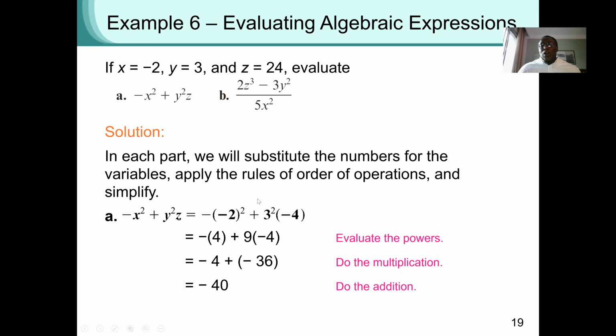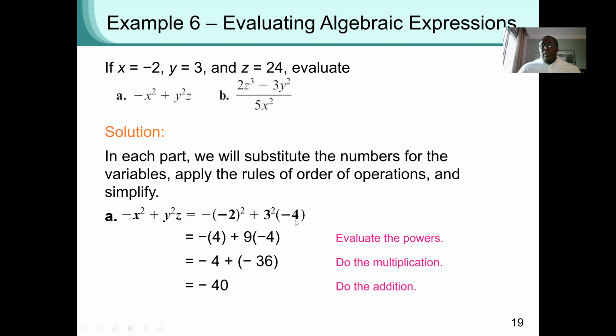Y is 3, so I write down the 3, but it's y squared, so I write 3 squared. Then we go to the next, which is z. Again, there's a slight error here, so bear with me. The z is supposed to be -4, so that's why we have -4 here. So again, assuming z is not 24, but rather -4.